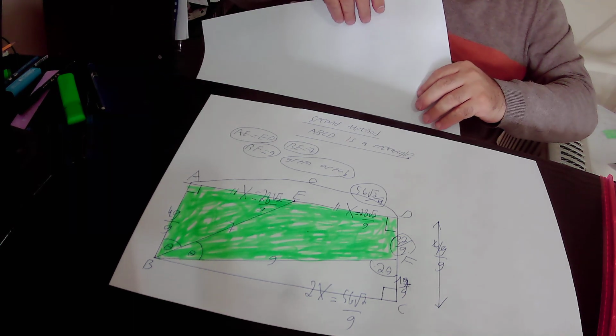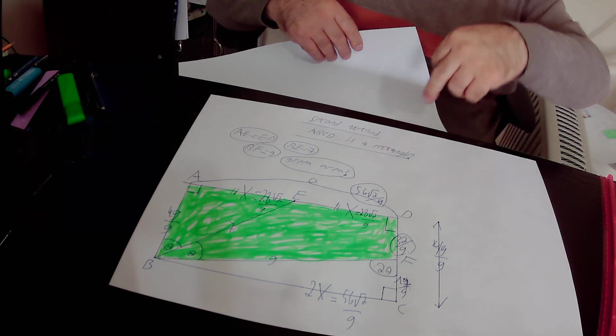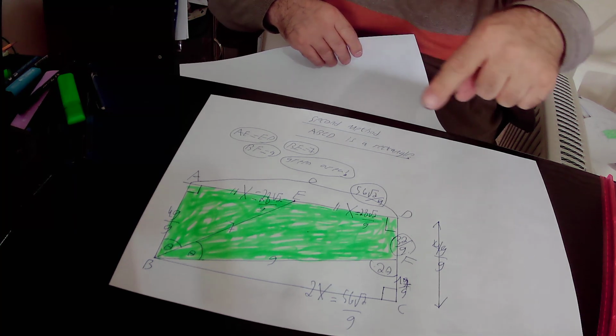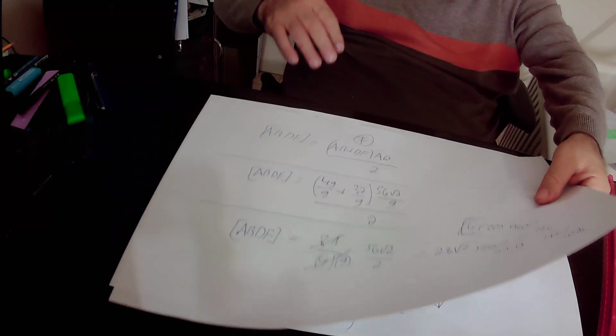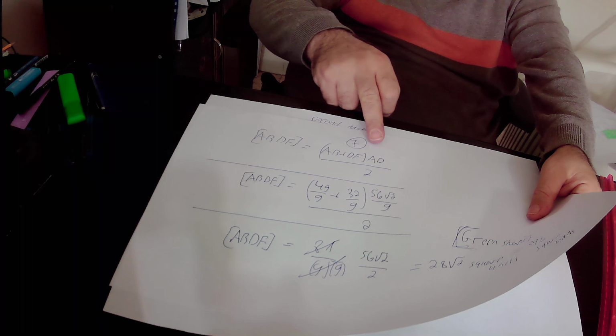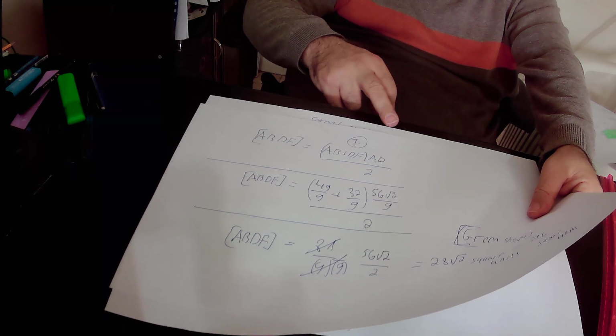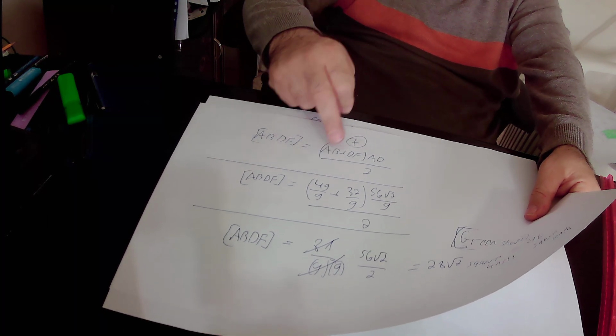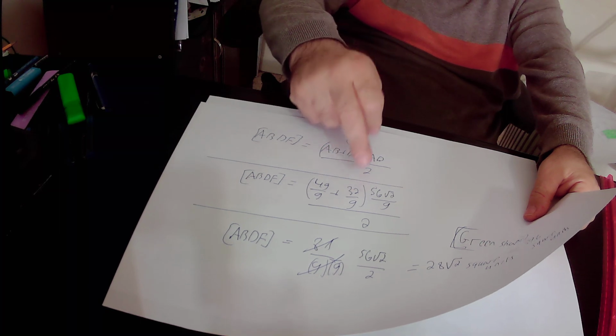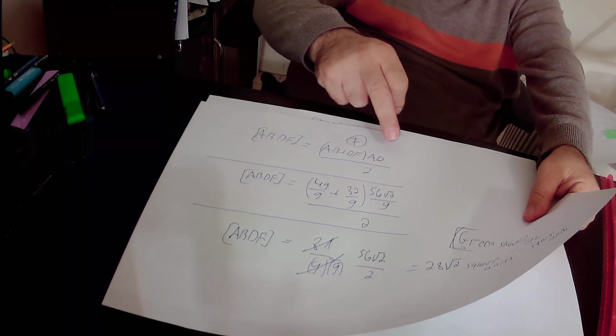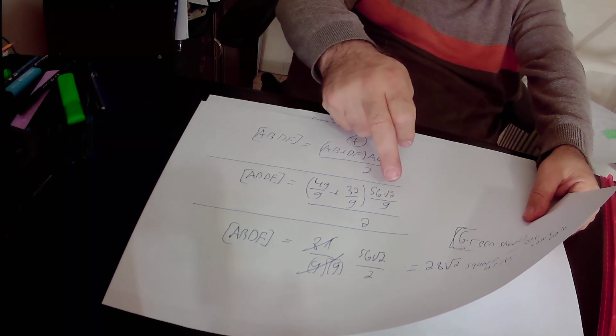And then we can easily find the area of the green shape, that is the area of trapezoid ABDF. It equals (AB plus DF) times AD over 2. AB equals 49 over 9, DF equals 32 over 9, and AD equals 56 times square root of 2 over 9.